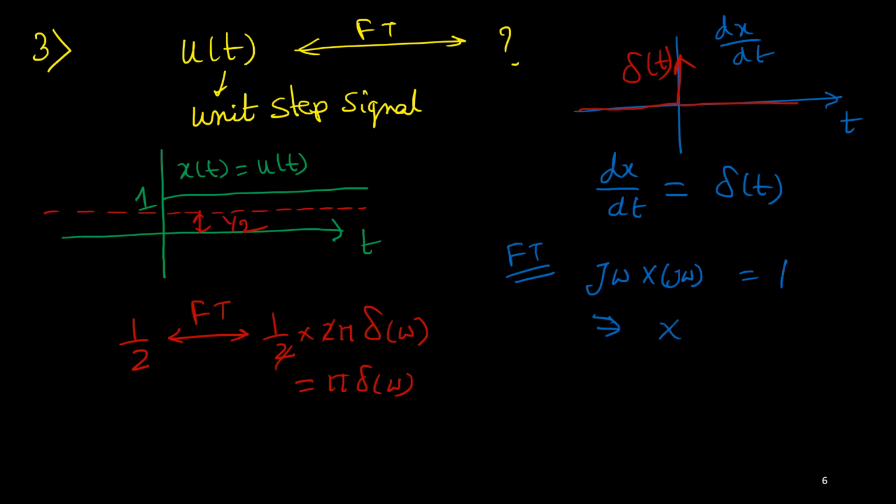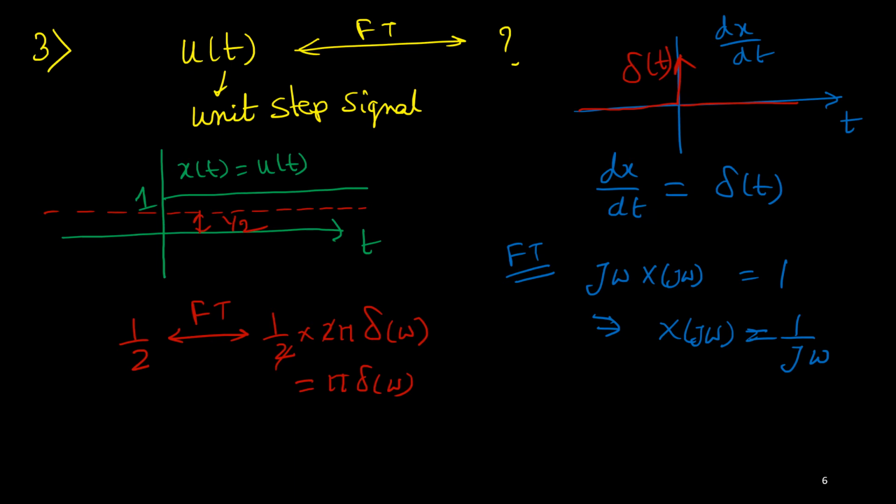So X of j omega would be 1 upon j omega. But remember, this expression we have got without considering the DC component, because whenever you take the derivative, this information is lost. Now we need to include this information in the original X of j omega.